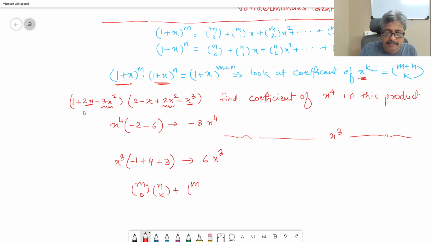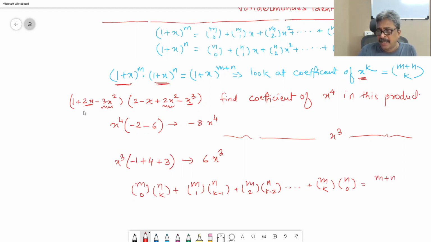Plus m choose 1 into n choose k minus 1 plus m choose 2 into n choose k minus 2 dot dot dot plus m choose k into n choose k minus k, that is n choose 0. Now this is going to be equal to m plus n choose k, comparing the coefficient of x raised to k in the expansion of this.